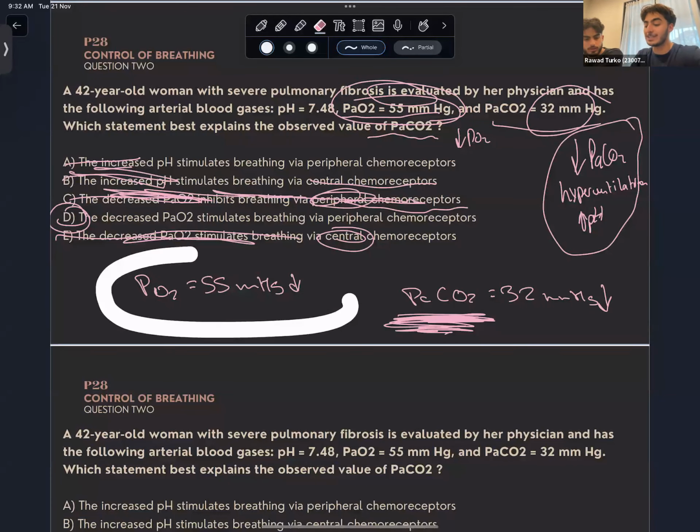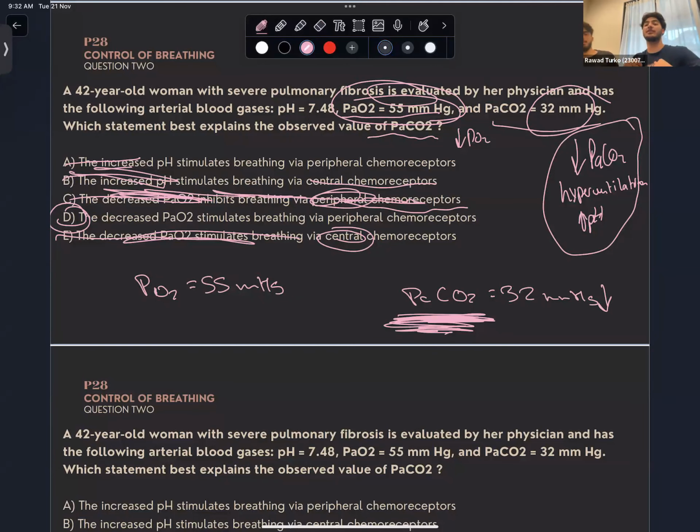You're looking at the PO2 because that's what they told you is low. So when you have low PO2, what's your body going to do immediately? If you have low PO2, your body doesn't care about a single thing. Its main focus is to bring more oxygen into your body, regardless of what it does to the CO2 levels. That's why the decreased PO2 will stimulate more breathing.